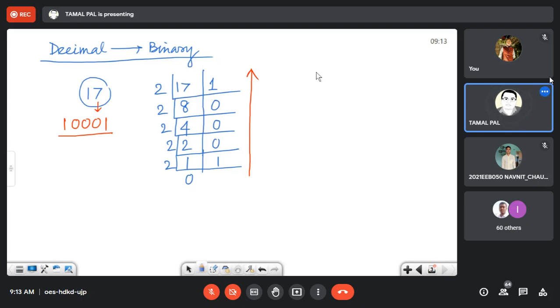Let's say your number is 41. Now divide by 2. This is 20. This is 1. Sorry, I should not write it in the forwarding direction. This is 1.